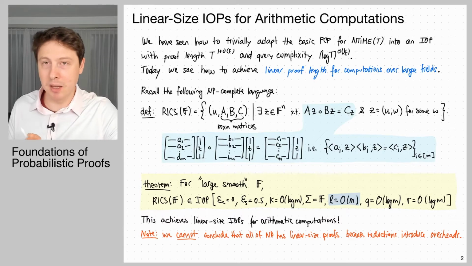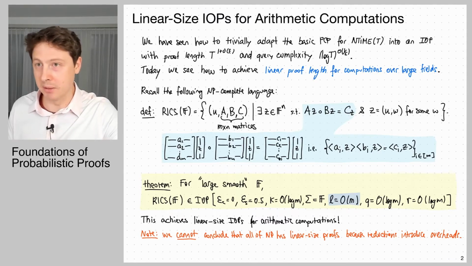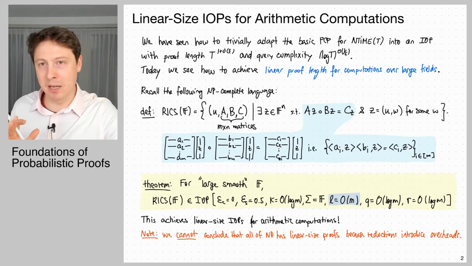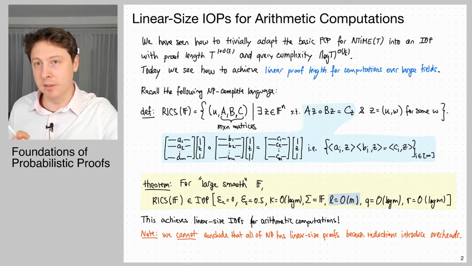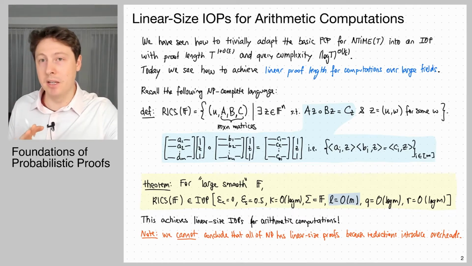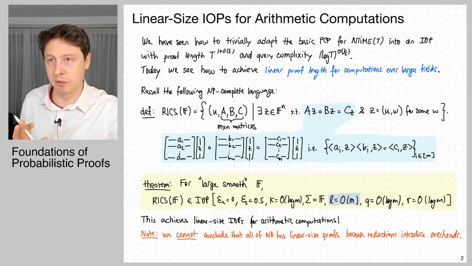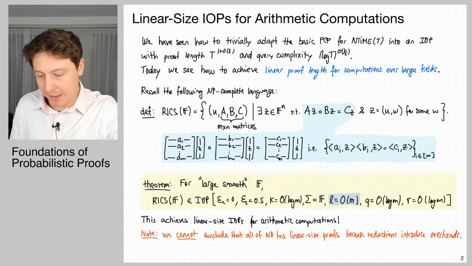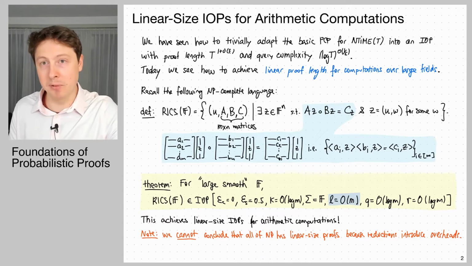And in fact, this is not a theorem, but empirically, almost everything that you can touch has quasi-linear time reductions to one another. So if you don't care about polylog factors, then basically all NP-complete languages still reduce to one another. But when you start caring about whether it is a quasi-linear reduction or a linear reduction, then it's not the case. You cannot always expect a linear reduction from one problem to another. So in the linear proof regime, it matters which problem you want to aim for, and more generally, more expressive problems are better if you can prove linear size proofs for them. Is this point clear?